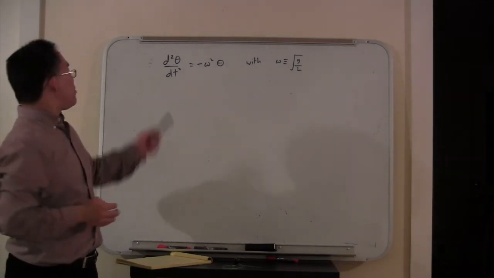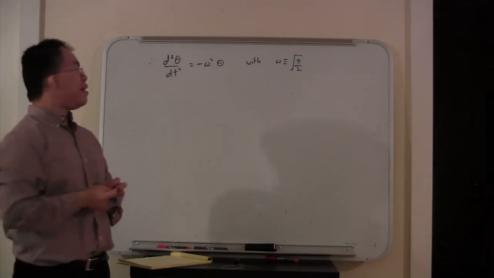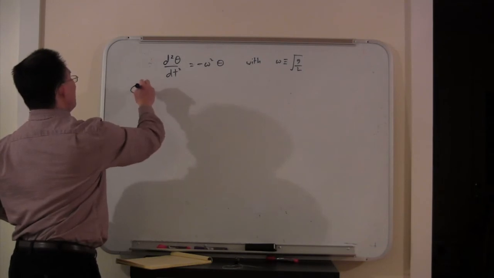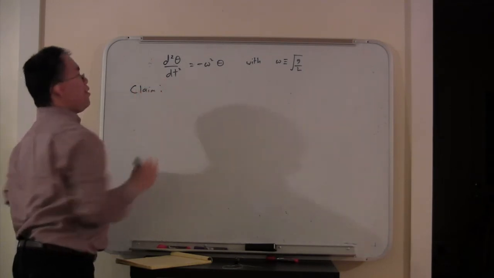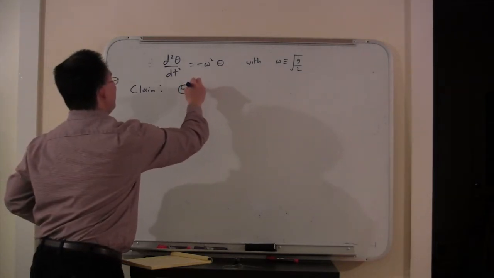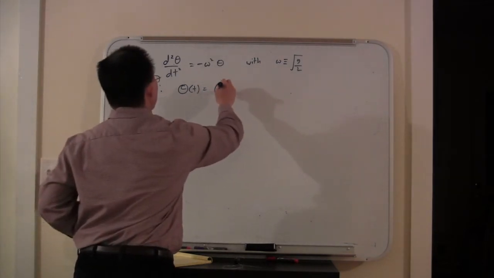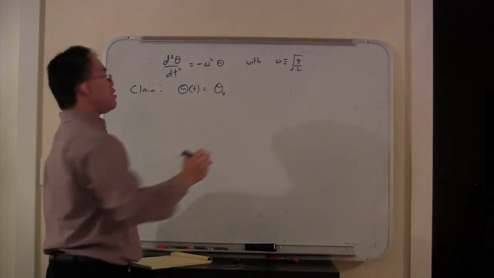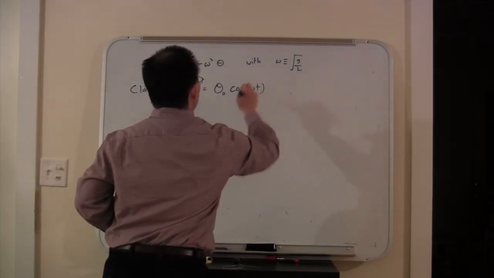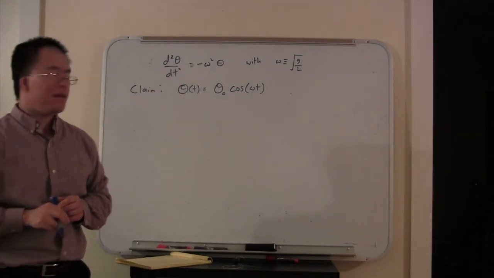Okay, so we have our simplified differential equation, and now I claim that the following is a solution. I claim that theta of t equals some constant theta naught times cosine omega t is a solution to this differential equation.